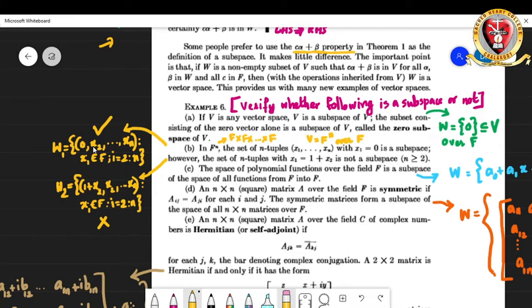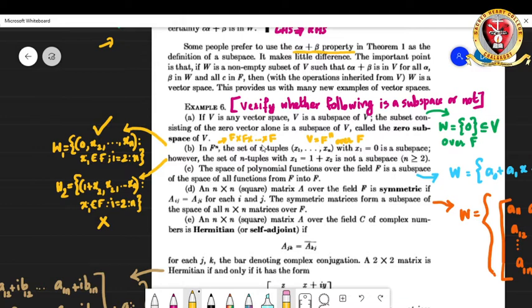And also if two elements are coming from W1, when we add, the element will in turn be in W1. The rest of the properties are obvious: associativity, commutativity, distributivity, and all the properties of scalar multiplication. You need not verify, they are satisfied. So this W1 is a subspace of this Fn over F.